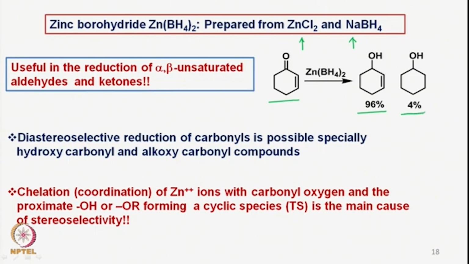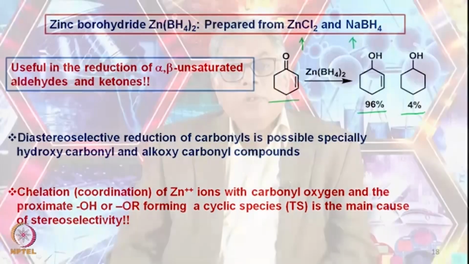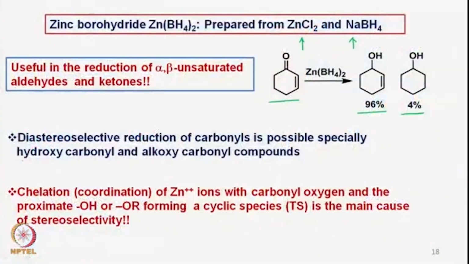Now this is very interesting because it has been reported in the literature that it allows a highly diastereoselective reduction of carbonyl compounds if there is a hydroxy group or an alkoxy group present in the vicinity of the particular carbonyl group that is to be reduced.